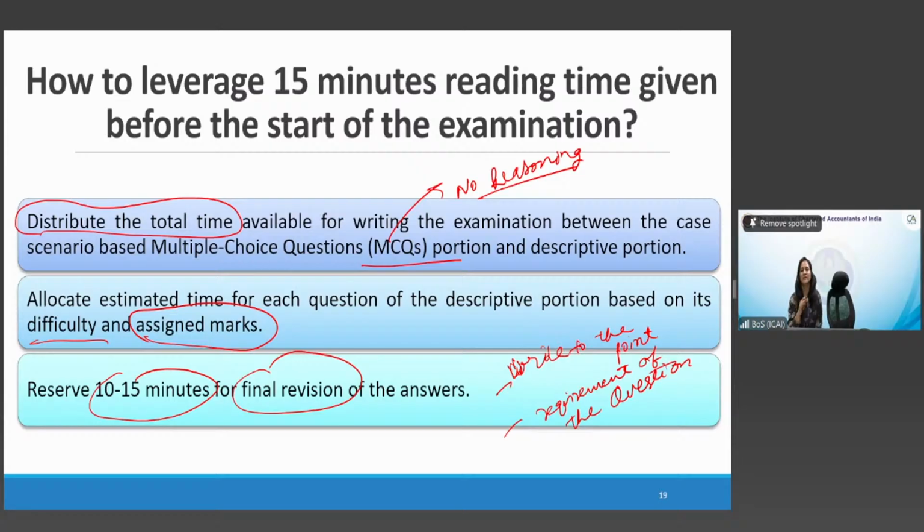Start answering the remaining paper, and once you have finished your paper, when you are at the final revision, when you have time and you have already completed the paper, in that case your confidence sometimes automatically gets boosted.